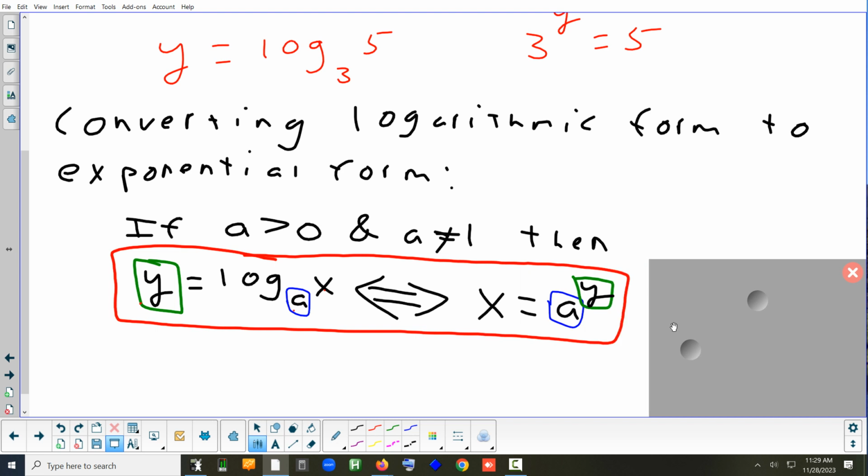the base stays as the base. The base is always what's written a little bit lower. Logarithm always equals the exponent. That's why y turns into an exponent. And the x, that was the argument.